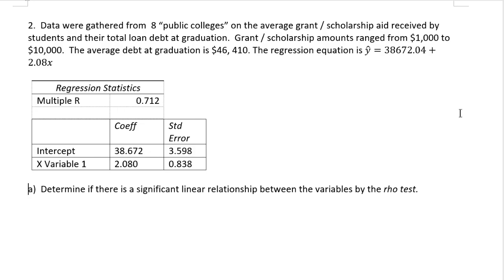Now, I want to just point out one small thing which is not really needed for solving this question, but some of you may have noticed. Here the value 38672 is different from 38672.04, and the reason is that when the Excel table was made, the values were inputted so that it's given in the units of thousands of dollars.